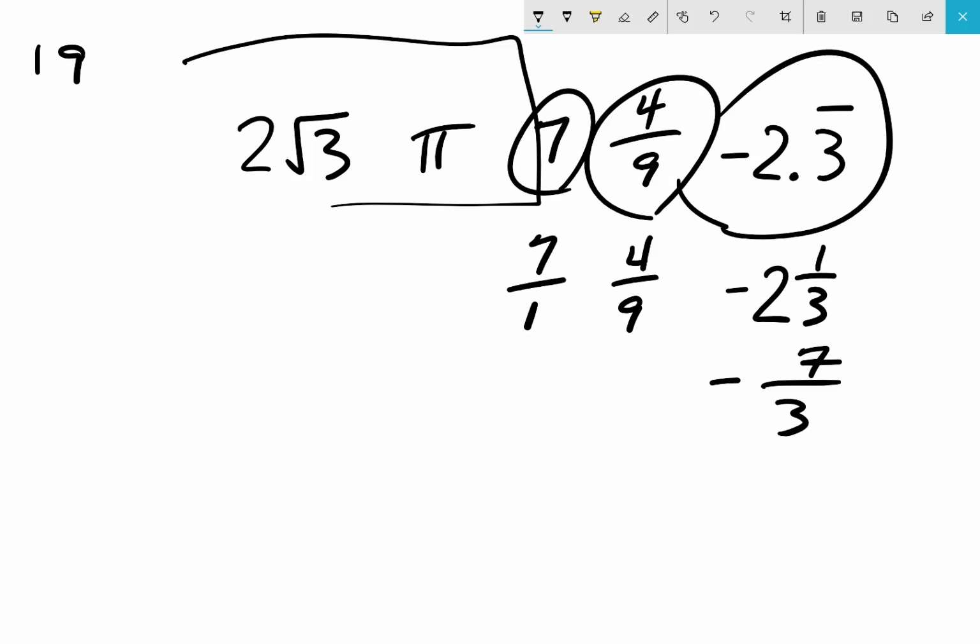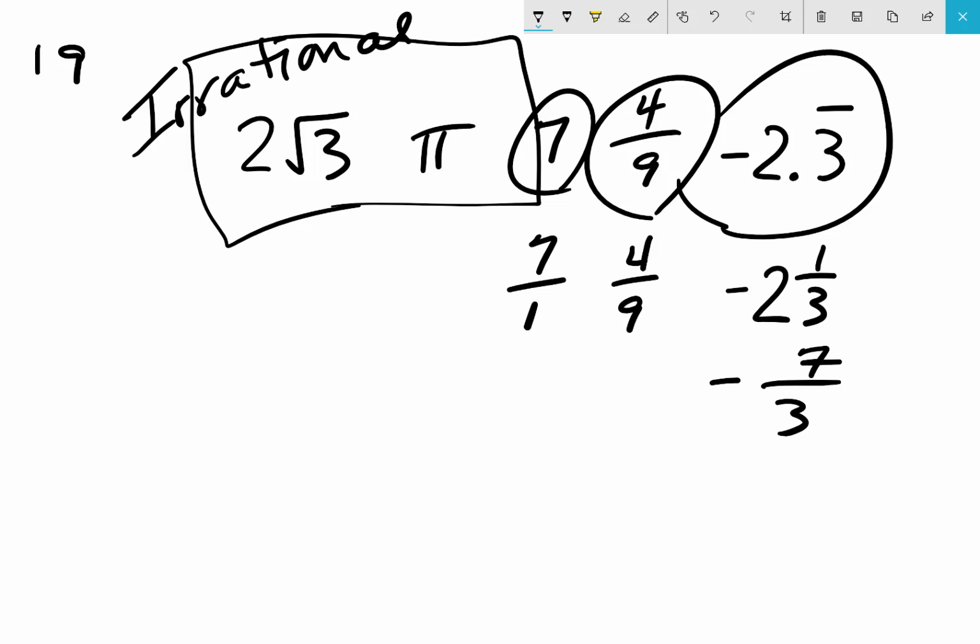But these two are non-repeating, so they don't repeat in a pattern. If you punch them into the calculator, you will get a non-repeating, non-terminating decimal. That's irrational. Can't be written as a fraction.